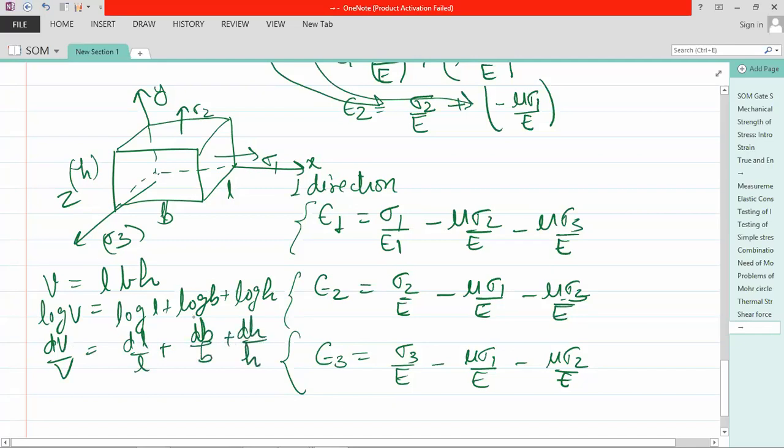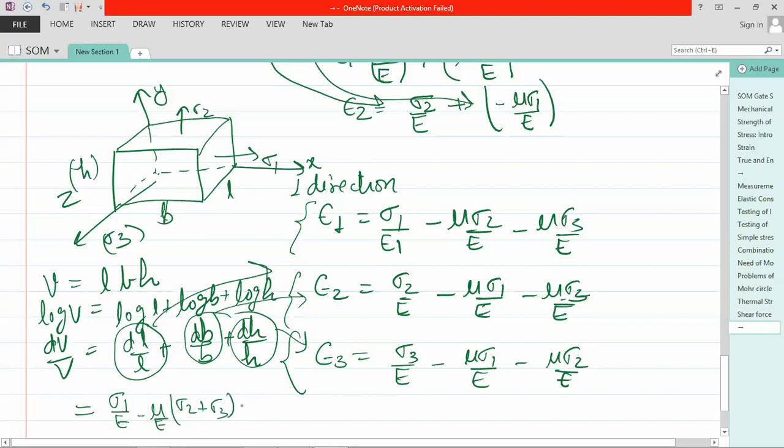Now, this is the strain in each direction and their values are here: epsilon 1, epsilon 2, epsilon 3. So if you put it in this way, then it will be sigma 1 by E minus mu times sigma 2 plus sigma 3, plus sigma 2 by E minus mu times sigma 3 plus sigma 1, plus sigma 3 by E minus mu times sigma 1 plus sigma 2.